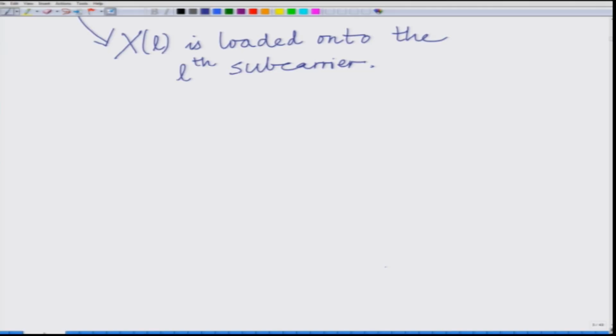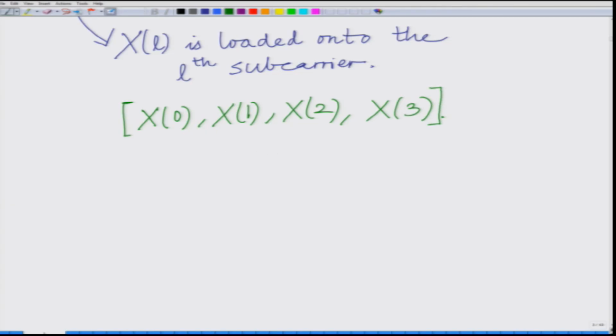Now, what does it mean to say they are loaded onto the subcarriers? We have the symbols X0, X1, X2, X3. To these symbols, we are going to perform the N-point IDFT.